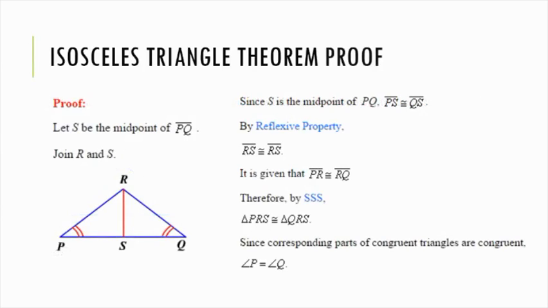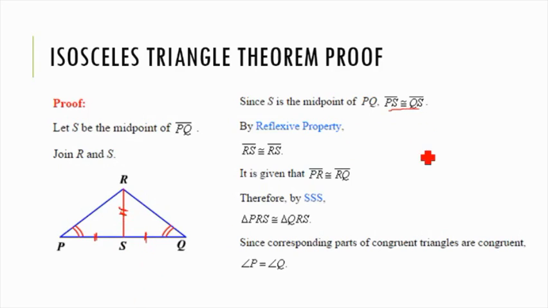So if we do the proof of that, we're going to let S be the midpoint, which means PS is congruent to SQ, definition of midpoint. And then we're going to join R and S. So RS is congruent to RS.